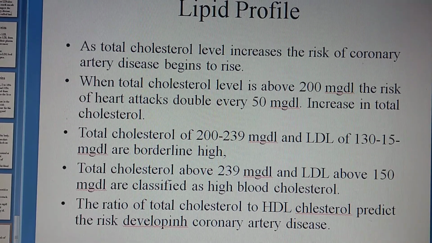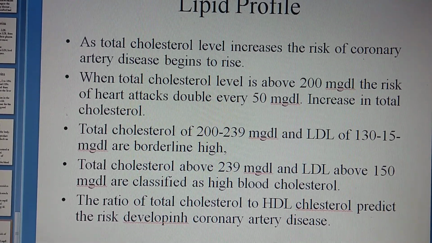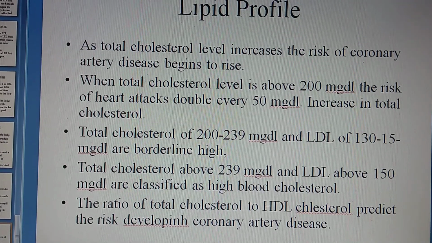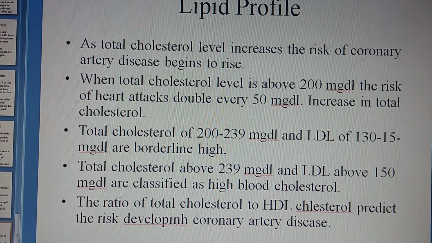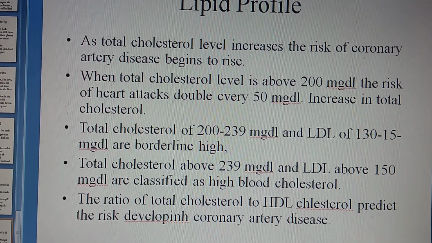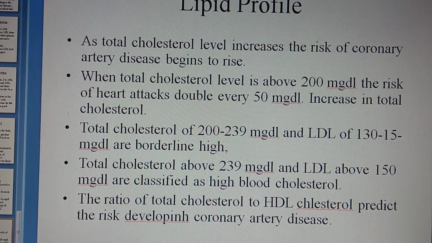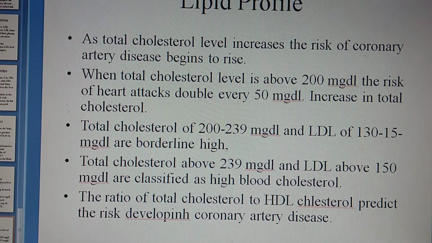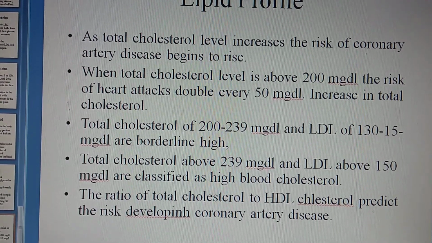Total cholesterol above 239 mg per dl and LDL above 160 mg per dl are classified as high blood cholesterol. The ratio of total cholesterol to HDL cholesterol predicts the risk of developing coronary artery disease.